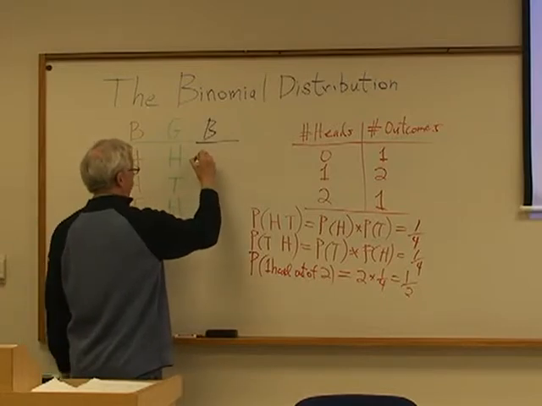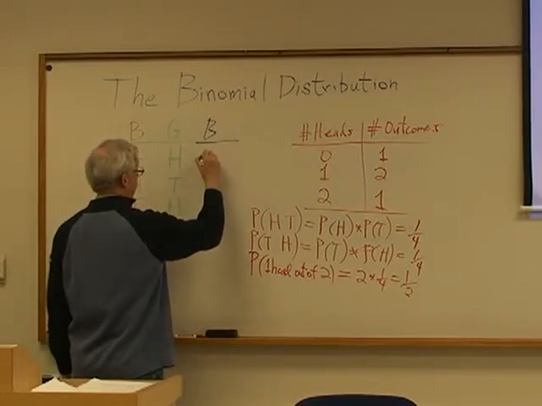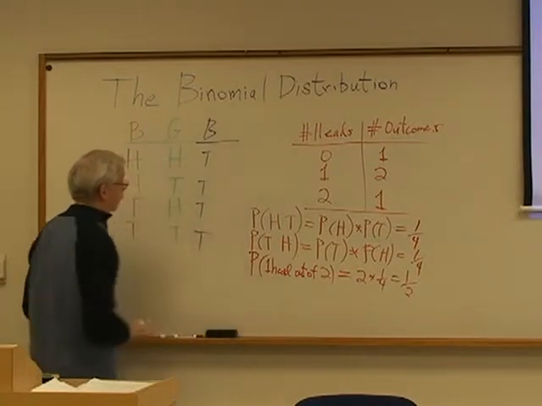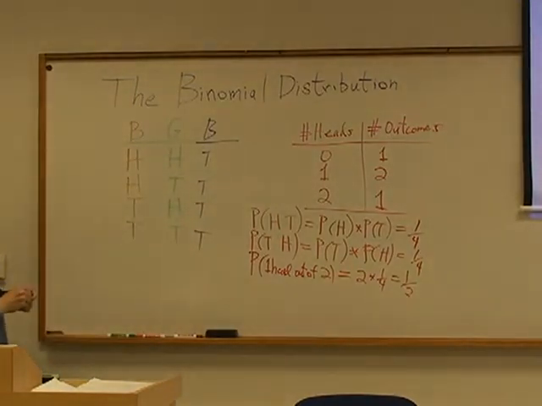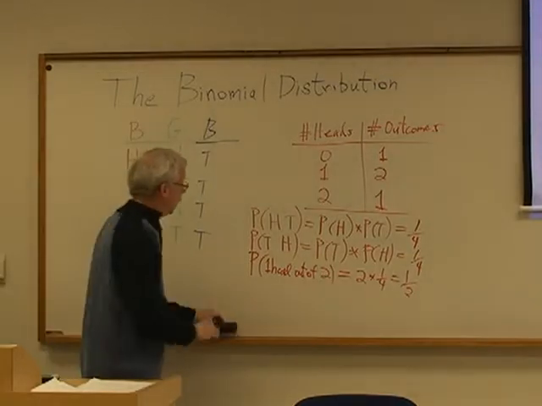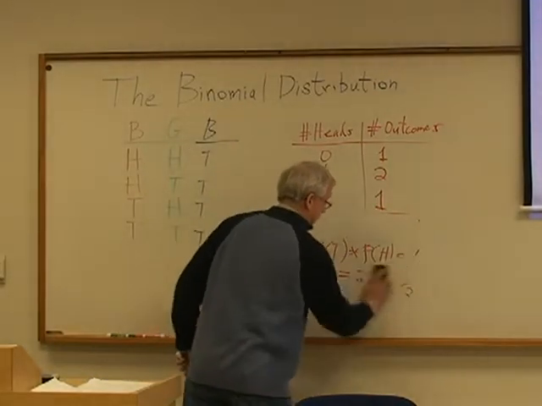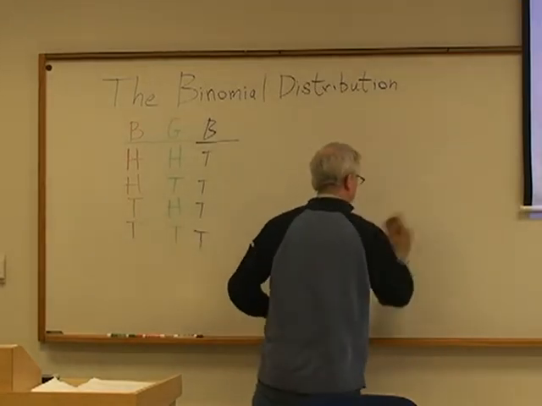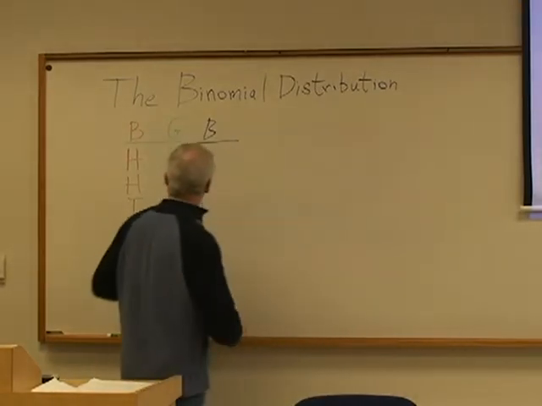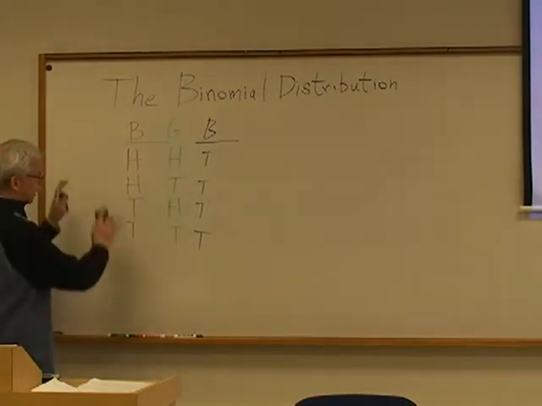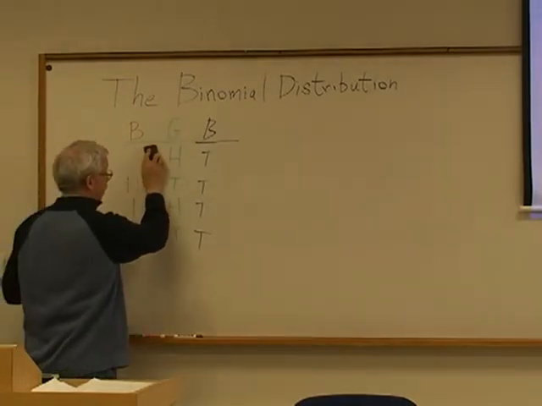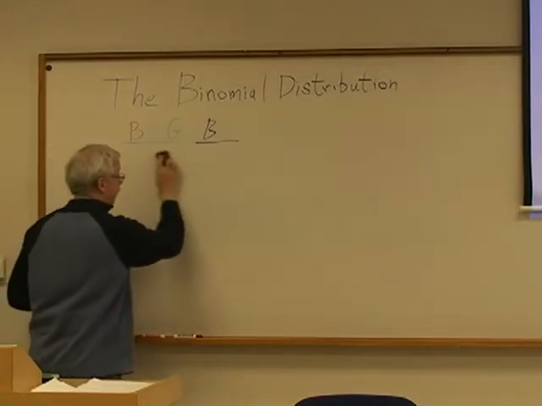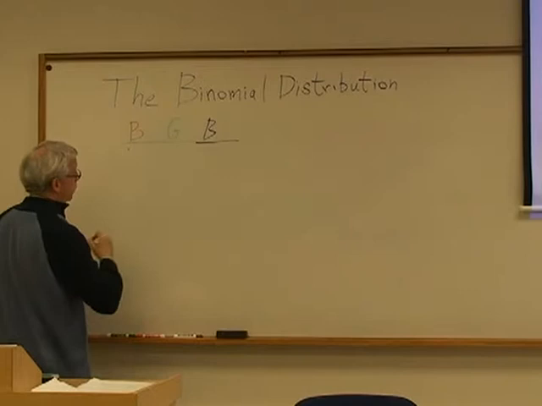And it could be, for example, all tails in each of these cases. But now I'm going to need more space to do this right, so I'm going to erase my table. Because the other thing is the blue coin can turn up heads. So I'm going to erase this all and start writing a little bit smaller so we can fit all the possible results. And I'm going to do this in maybe a different pattern.